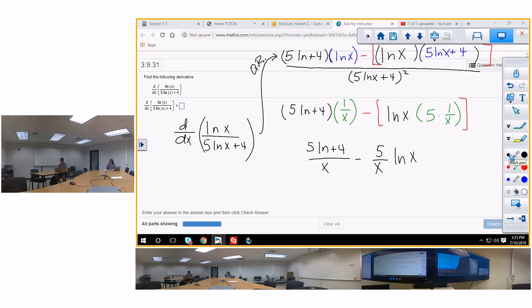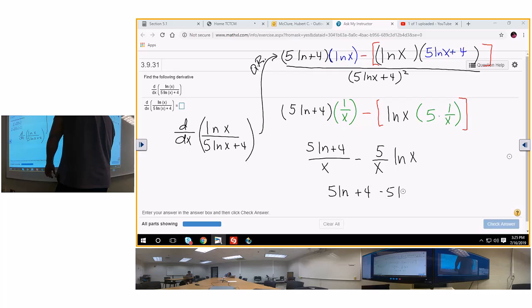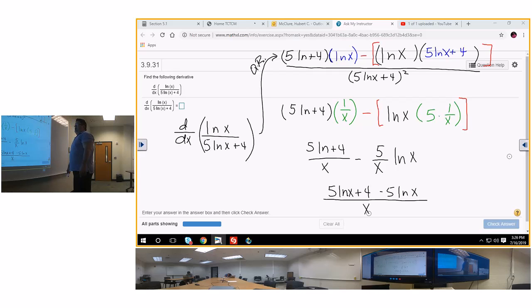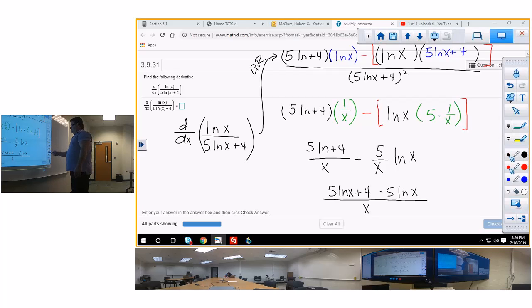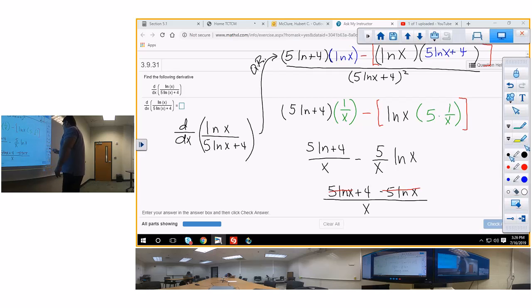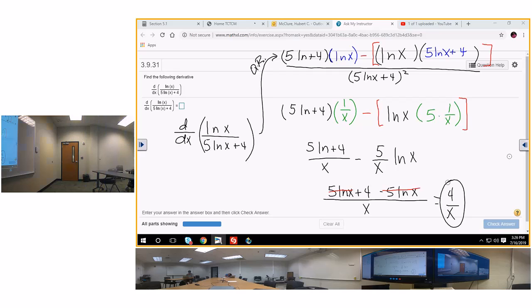So that's going to be 5 natural log plus 4 minus 5 natural log of x over x. And what happens to the 5 natural logs? This is a nice one. I like this one. So your derivative is 4 over x.